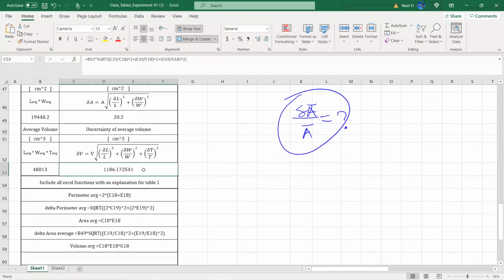Now that number again has too many decimals. I'm going to cut down all the decimals because decimals have no meaning at all in this number.